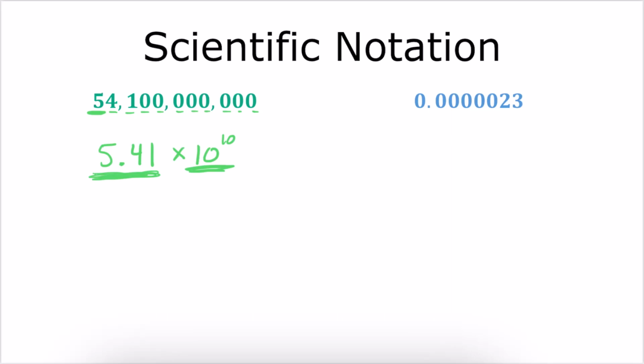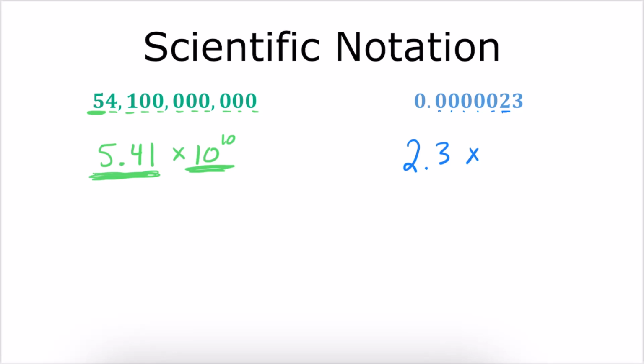We can also do this for small numbers. If we had 0.00000023, the way we would write this in scientific notation is 2.3 times the place value that the 2 is in. If we look at that place value, we have the tenths, the hundredths, the thousandths, the 10,000ths, the 100,000ths, and the millionths.